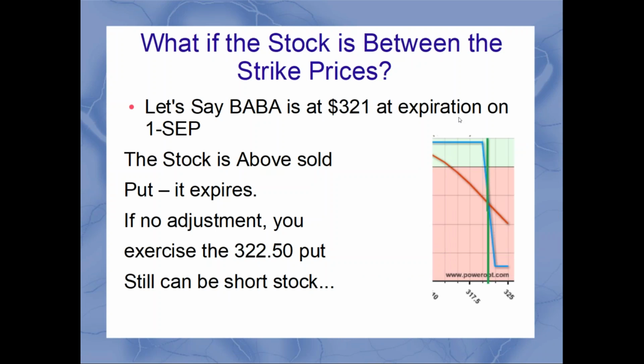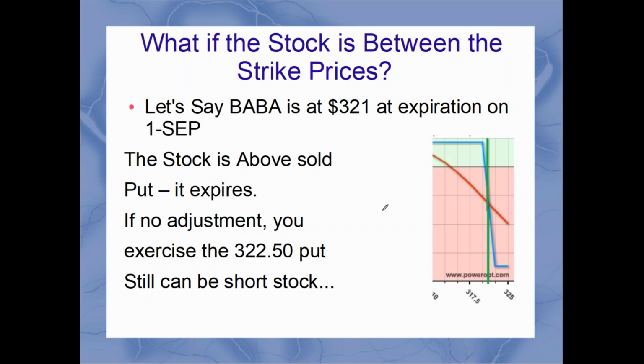What's the risk if it's between the strike price at expiration? I don't take action. Stock's trading at 321. I wanted both puts to remain in the money. Now my short put, the 320, is out of the money and it expires worthless. I'm holding a 322.50 put that is $1.50 in the money. So what happens? Short put expires.